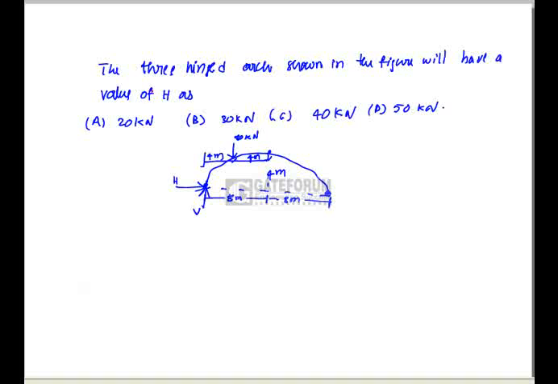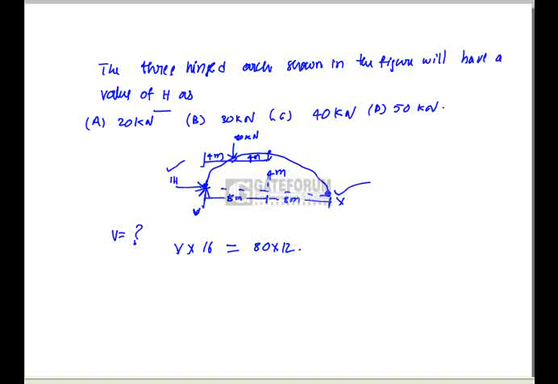We have to find out the value of H. The question is, the three hinged arch shown in the figure will have what value of H? In this arch, first we will find out the vertical reaction V. How to find V? Let us take the moments about this axis, X. V into 16 is equal to 80 into 12.